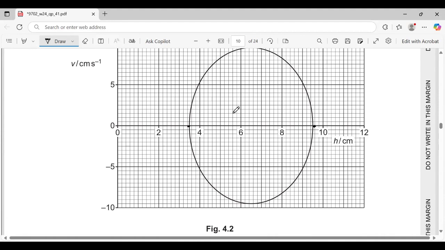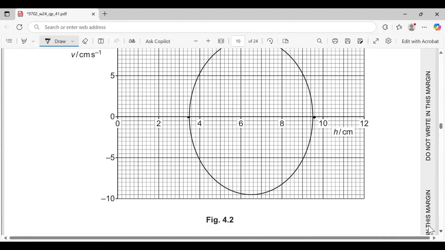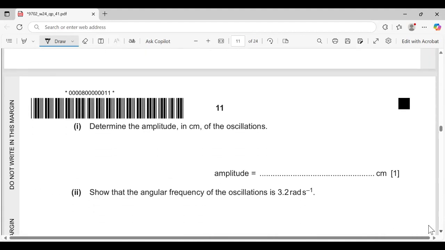We need this information to find the amplitude. The amplitude of oscillation is half of the total vertical displacement, so it is 9.5 centimeters minus 3.5 centimeters over 2, which is 3.0 centimeters.